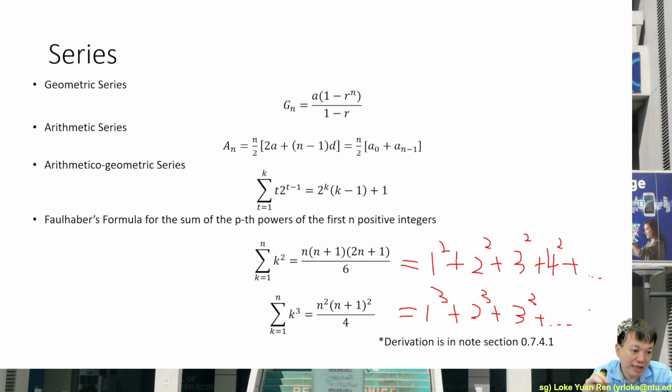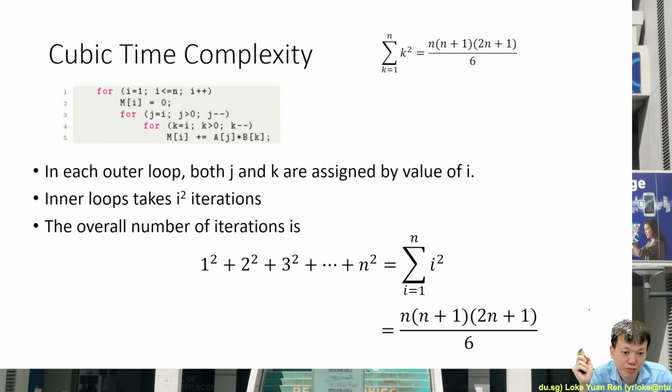You'll find that when you analyze the time complexity of a recursive function, you may end up with this series. You need to know how to solve this series to find out the exact time complexity of this algorithm.